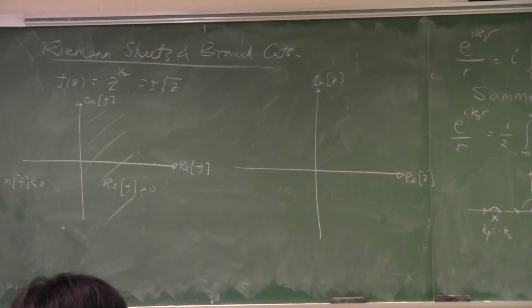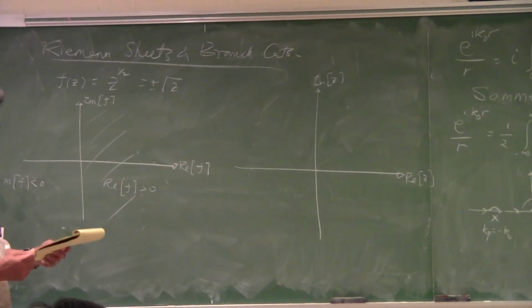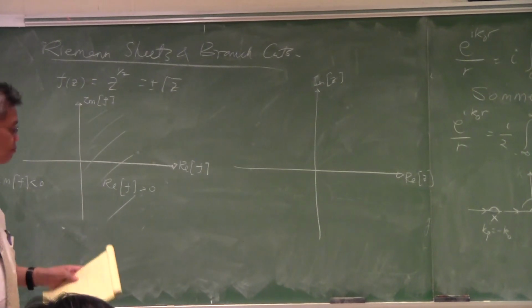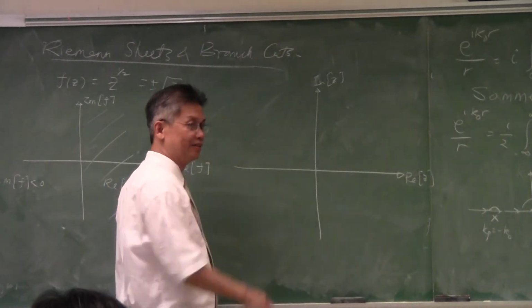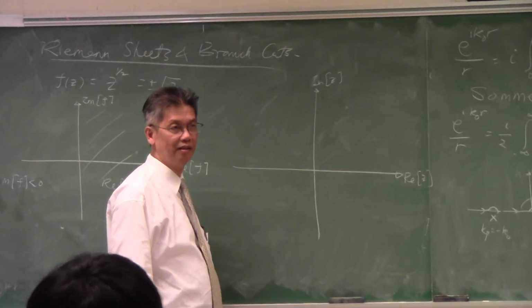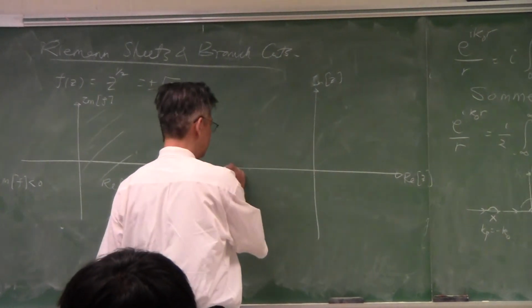Use 2 Riemann sheets. I don't know if I brought the Riemann sheet. I made a Riemann sheet the other day. I don't have it here, but I'll bring it next time. So you have this thing over here. What you can do is imagine that this thing has 2 sheets, the upper Riemann sheet and the lower Riemann sheet.